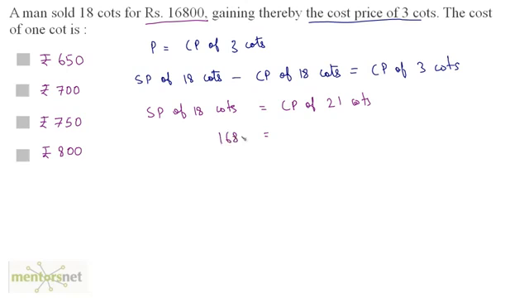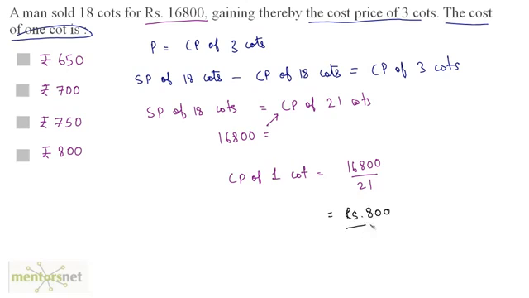So 16,800 is the cost price of 21 cots. Now what is asked? What is the cost price of 1 cot? Well, the cost price of 21 cots is 16,800. So cost price of 1 cot will be equal to 16,800 divided by 21, and that is equal to rupees 800. 16,800 divided by 21 will give you 800. So the answer is option D.